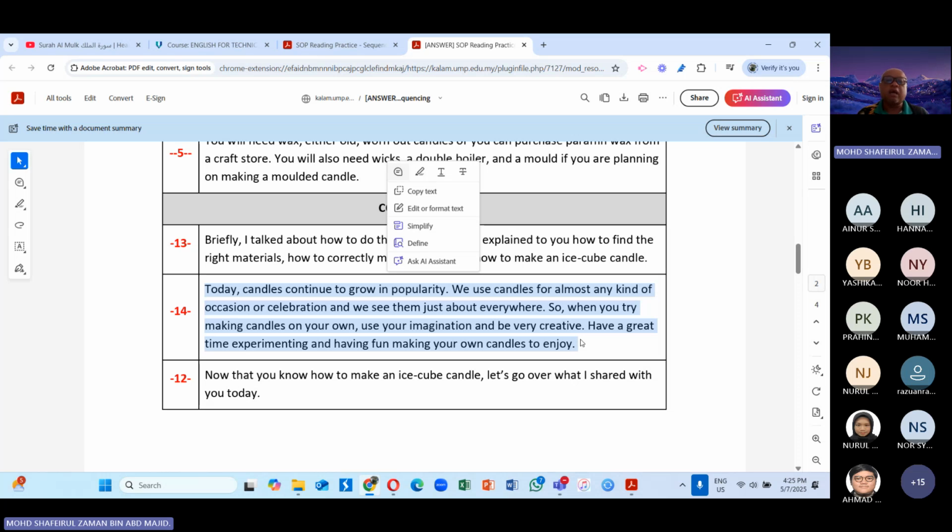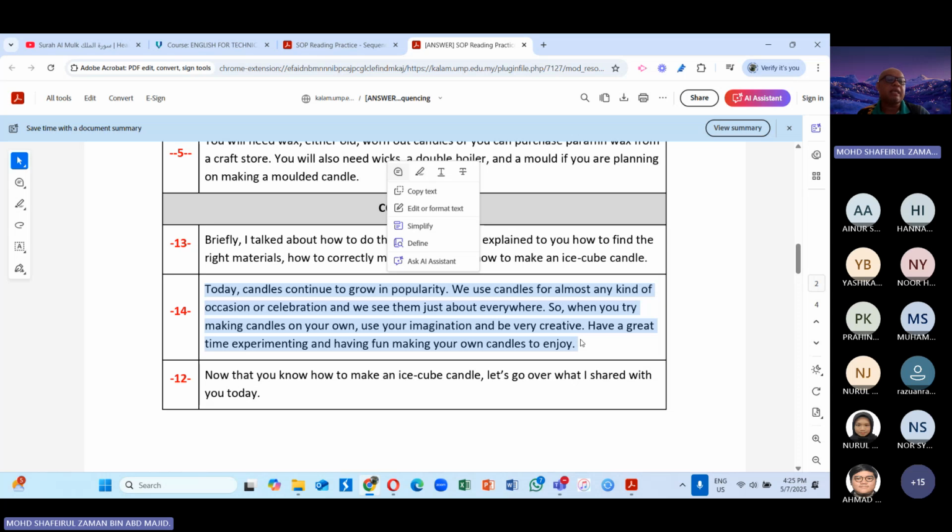So that will be on how we are going to deal with assessment 2A SOP reading. Next week we're going to have it. However, I'm not sure whether it is going to be on Wednesday or not, because Monday is a public holiday, and our second meeting will be on Wednesday. And on Wednesday next week, I have a very important meeting to be conducted at IIUM Kuantan at 2 o'clock.